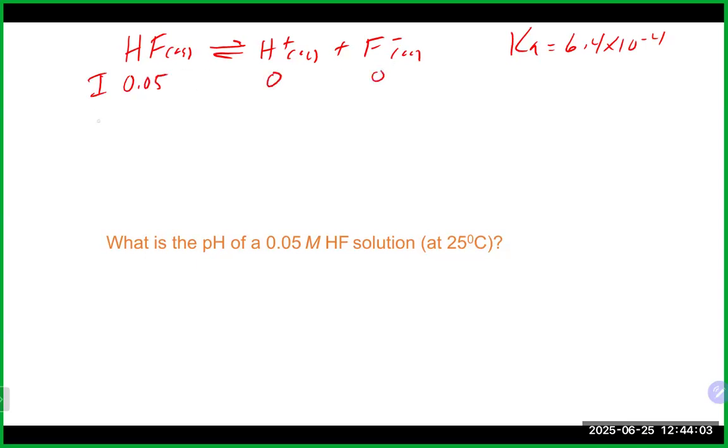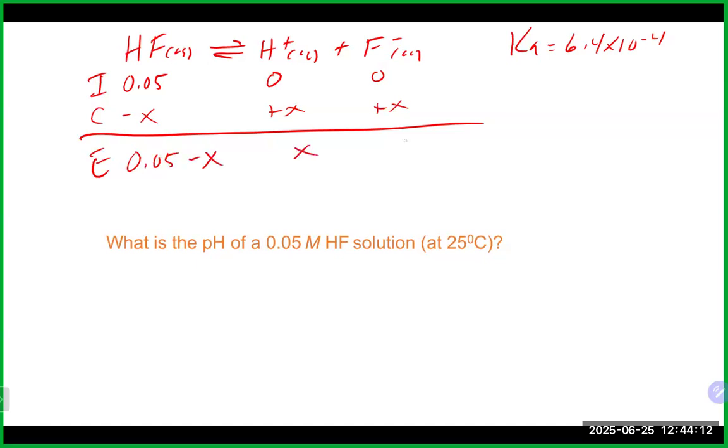We would do our ice table like we just did, minus X, plus X, plus X, giving 0.05 minus X, X, and X. Just like on the previous slide, this goes into our expression, X squared over 0.05 minus X equals 6.4 times 10 to the minus 4.